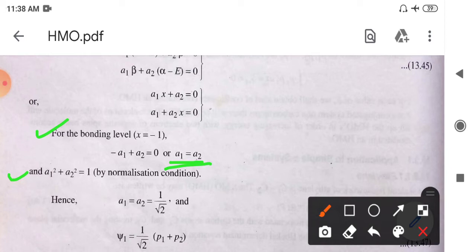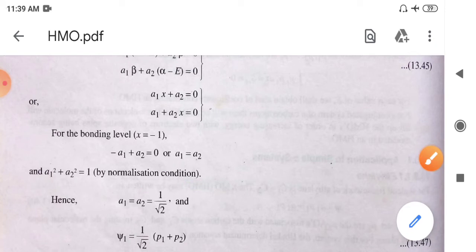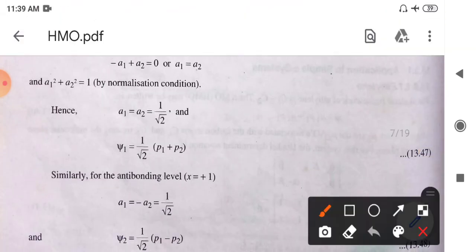So a1 squared plus a2 squared equals 1, hence a1 equals a2, which equals 1 upon root 2. So the contribution of both p orbitals is the same, 1 upon root 2.